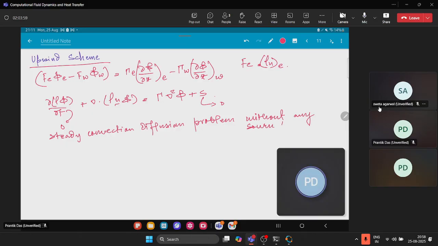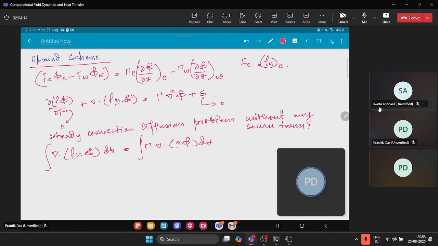Source term. Okay. So now for this equation, what I have to do is use the Gauss divergence theorem. First I have to do the volume integral, which is basically del dot grad phi dV.